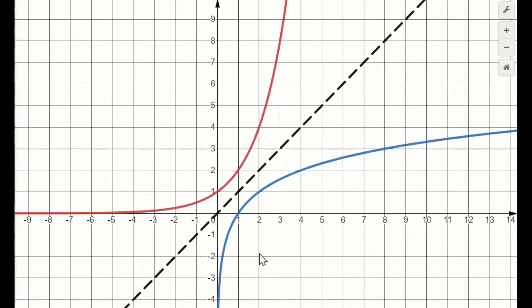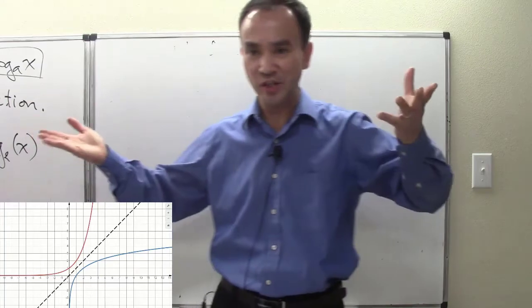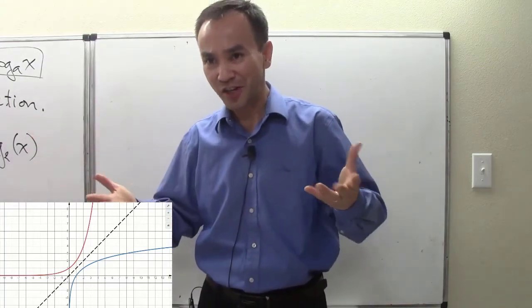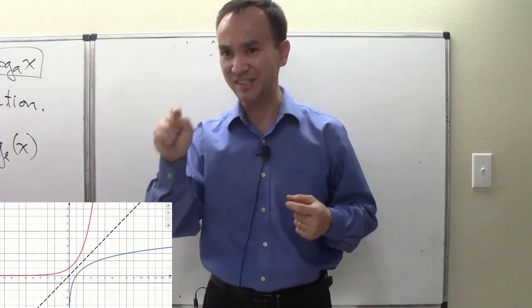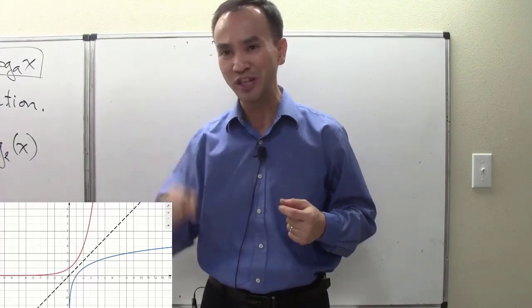From our past understanding about inverse functions, I was already saying this function in red, 2 to the x, will have an inverse. And now with the graph showing it, it looks like, as an important, shocking result, log base 2 of x that we're seeing on the screen right now is the inverse of 2 to the x.